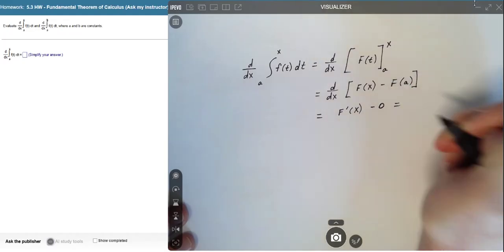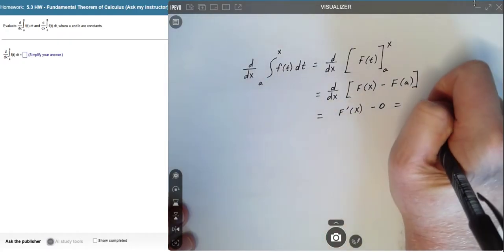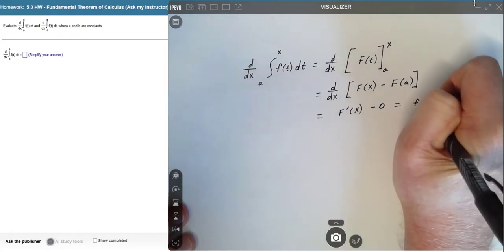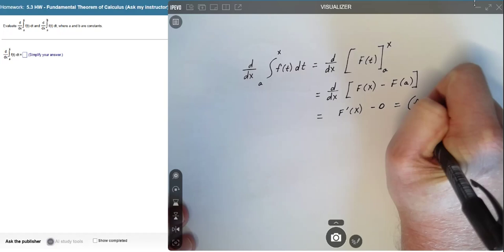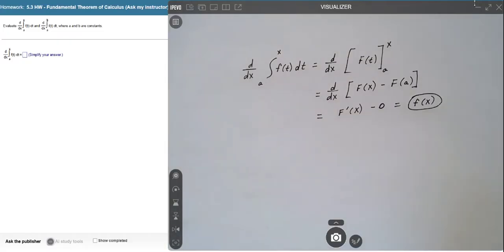Now, by definition, capital F prime is equal to just lowercase f. So we would say, well, this is nothing more than the original function in terms of x. But that's why, yes, the derivative and the integral are inverse operations. They undo one another. But in this case, it's going to be the function evaluated at x because of what your limits of integration are.